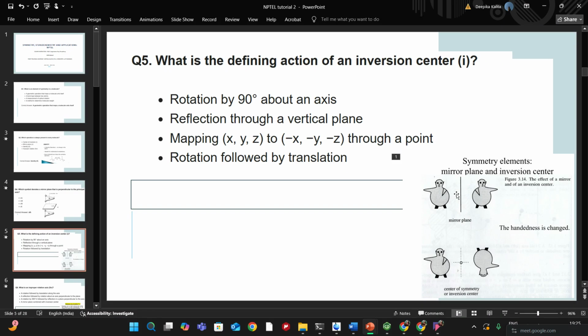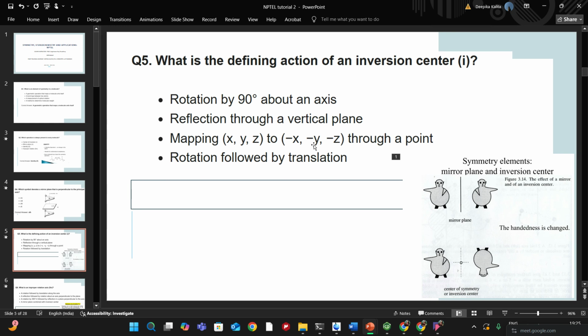That means the things which are towards the left will come towards the right, and everything else will also fall into the places accordingly. But if we are talking about the center of inversion, then each and every point which is present on the object will be inverted. Not only left and right, but above and down points will also move and they will be inverted.